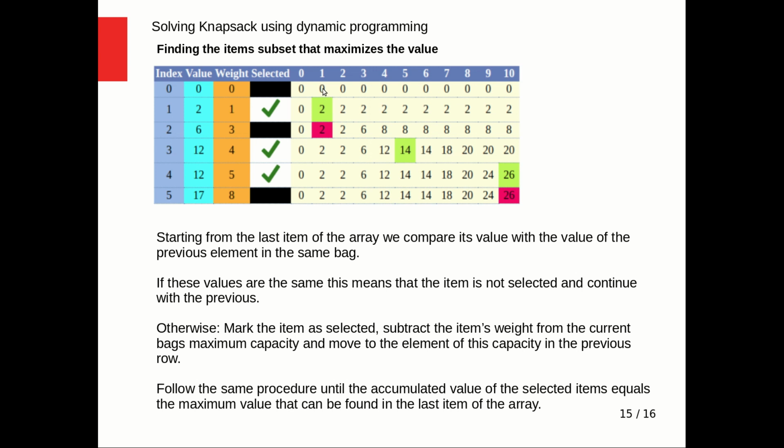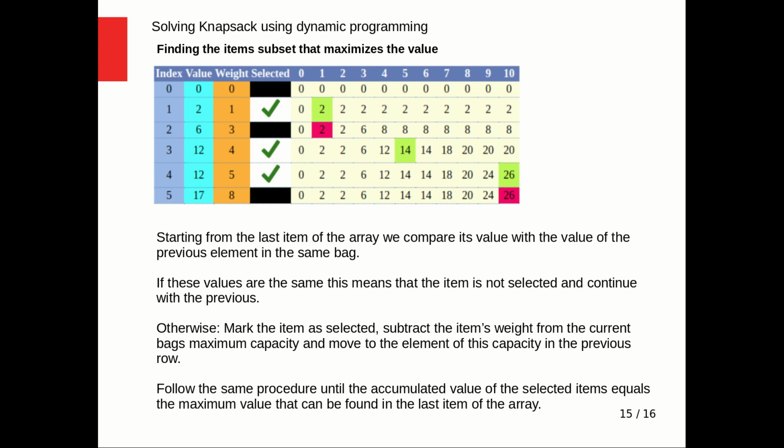The previous was 0. So this was included. Its weight is 1. The weight of the bag is 1. So we move to the final item, which happens to be the first one, the 0, and we know that we are done.